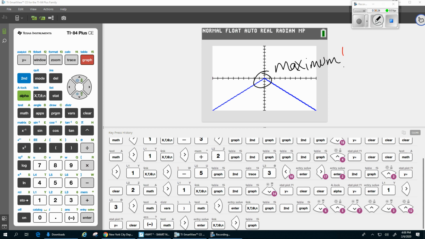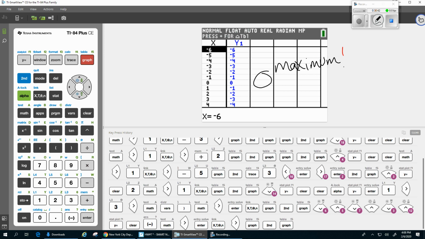So when we multiply by a negative number, we reflect over the x-axis, and we now have a maximum vertex or turning point. So I know that the origin is our vertex still, so let's look at the table. I have the vertex here at the origin, and then I have the points above and below that I'm going to record on my paper.